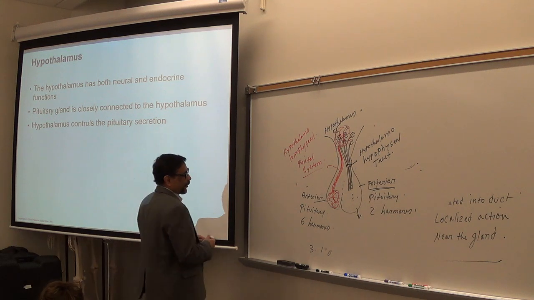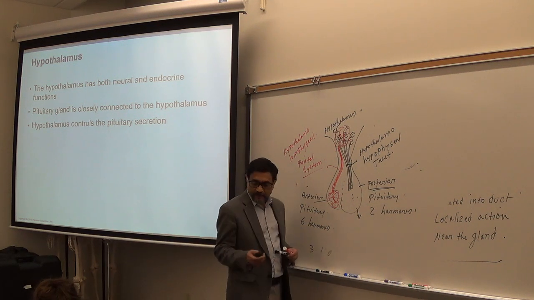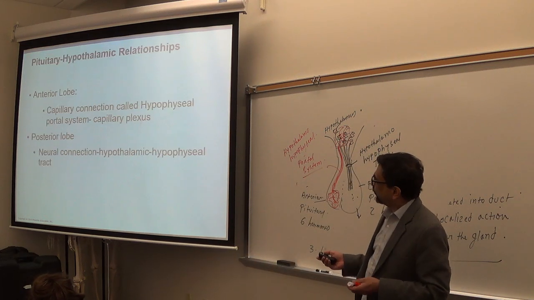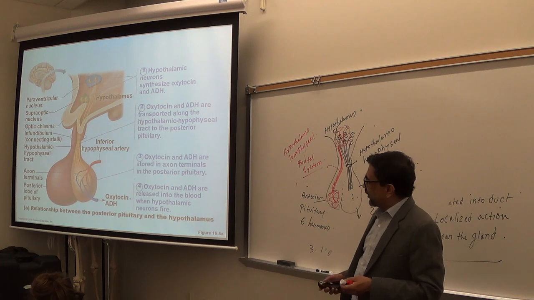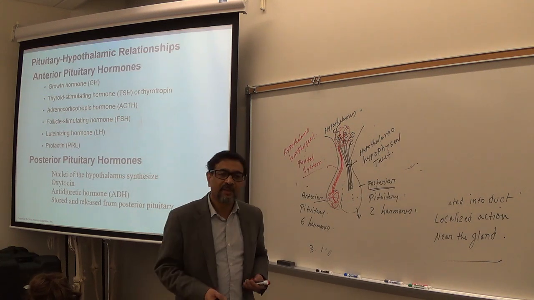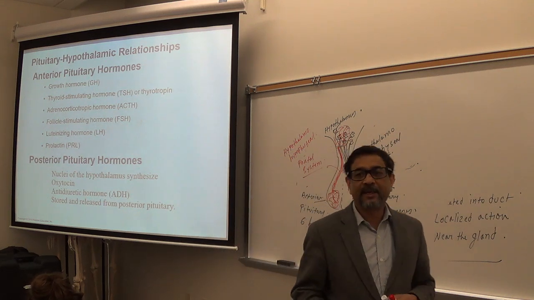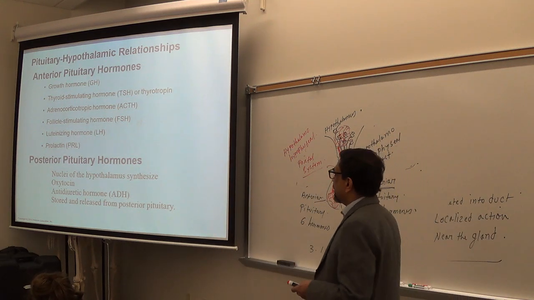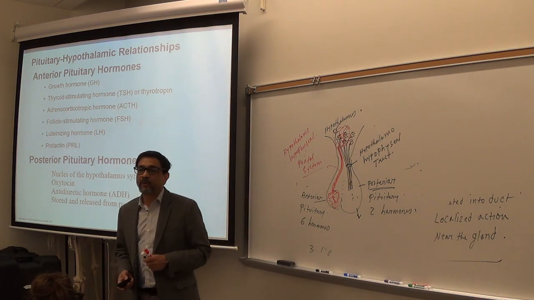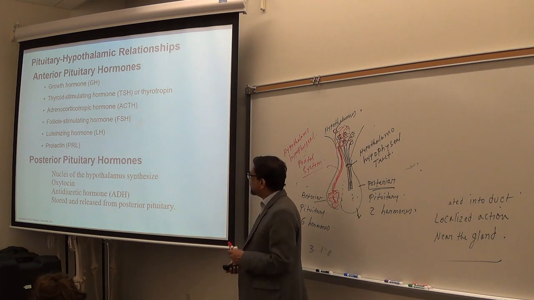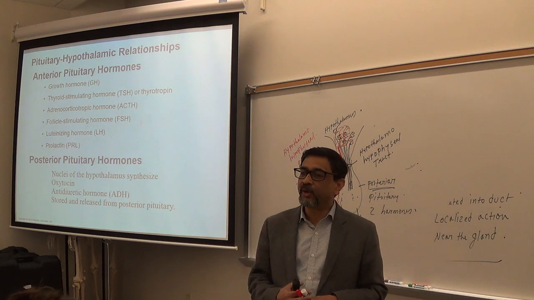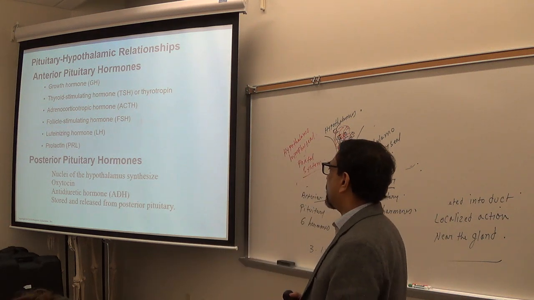Okay, now we'll see the hormones. Here you see 6 hormones are produced by the anterior pituitary. Growth hormone, thyroid stimulating hormone, adrenocorticotropic hormone or ACTH, follicle stimulating hormone FSH, luteinizing hormone LH, and prolactin.